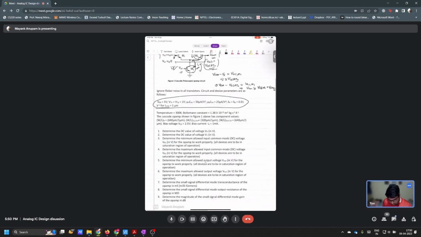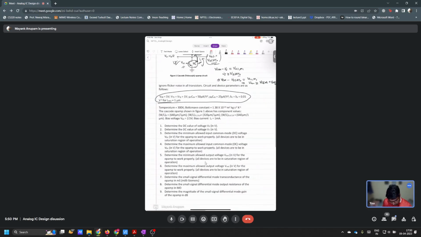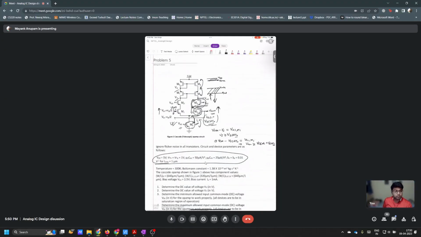Okay, moving on. One doubt. In this scenario, if V out decreases, how does the drain of M6 also decrease? Is it because GDS is not equal to 0? Current should be the same.